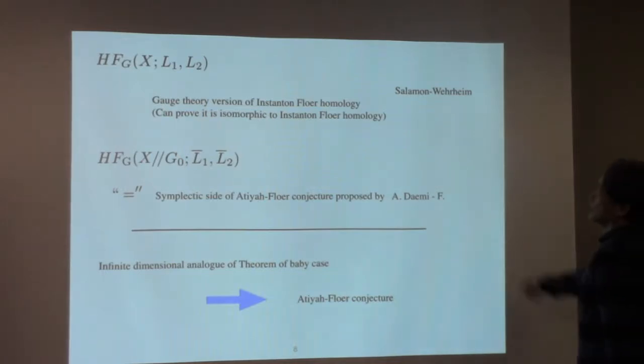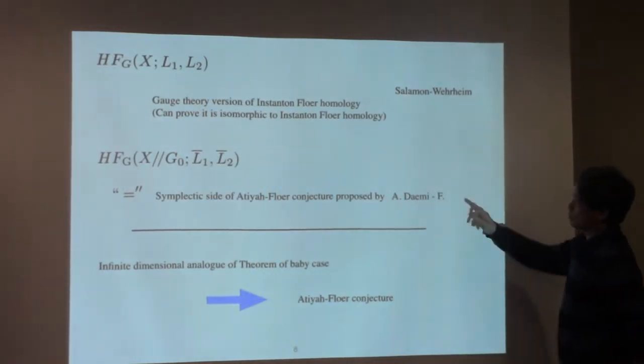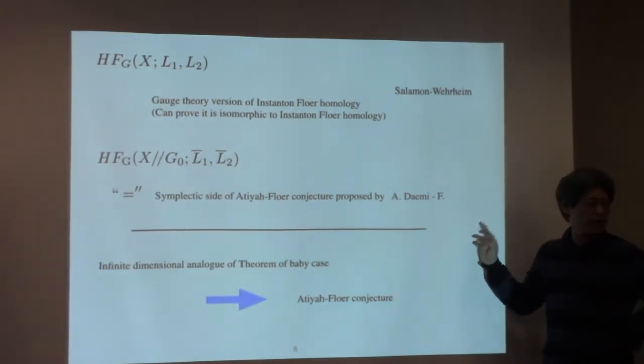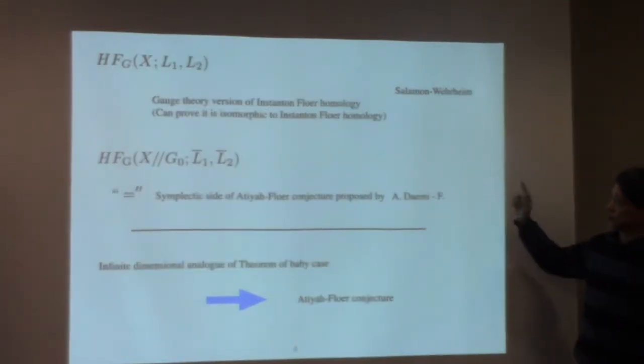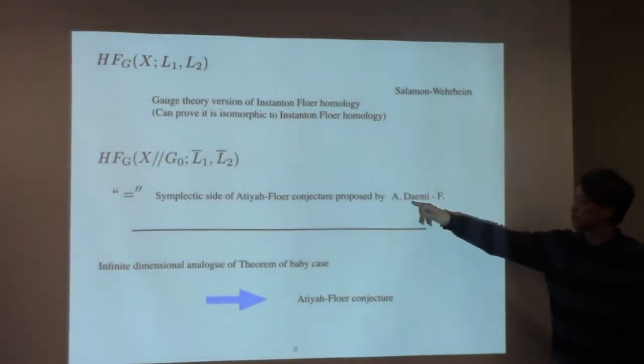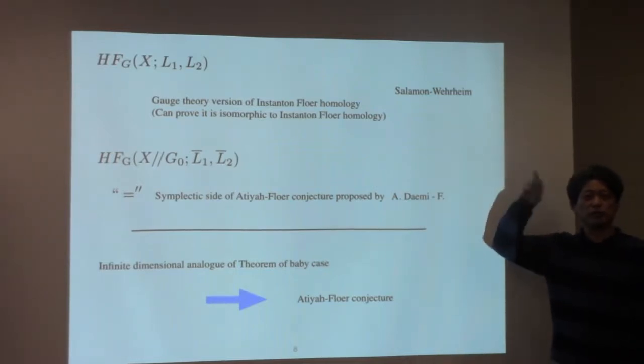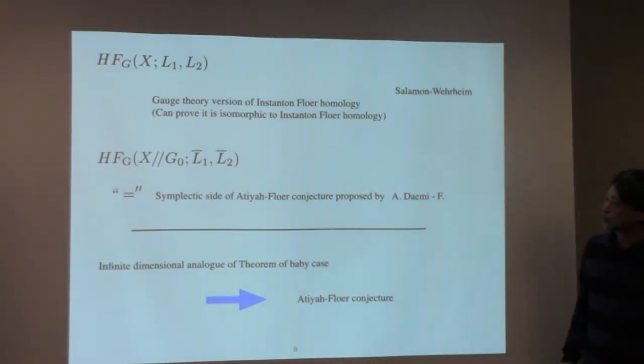This one is a gauge theory version of Floer homology, and this one, the partial symplectic quotient, is the symplectic side of the Floer conjecture, which I proposed with Daemi a couple of years, or one year, before. And so now, X mod G_0, that's now finite dimensional? Yes, kind of framed.